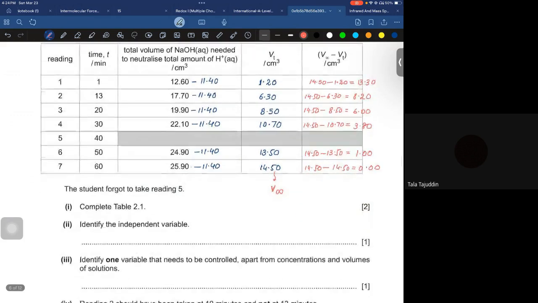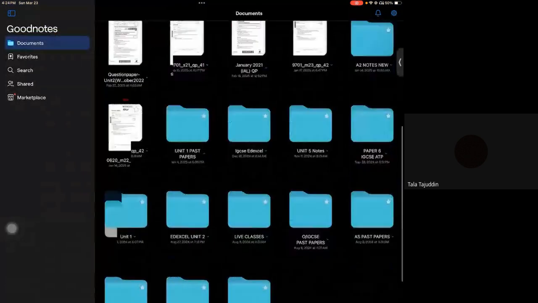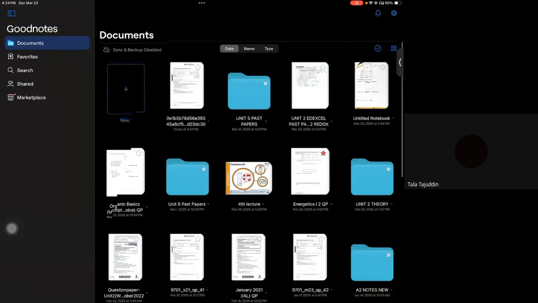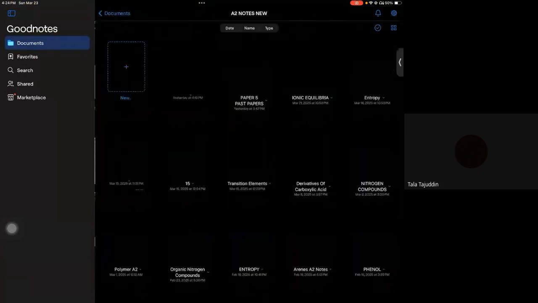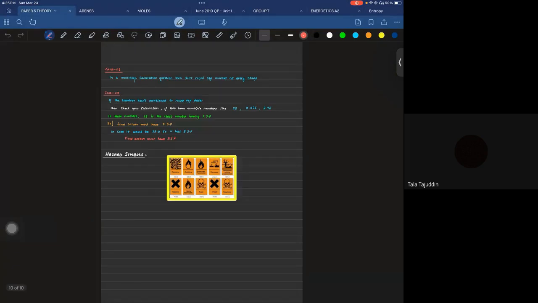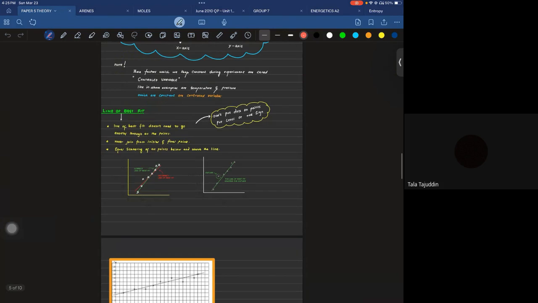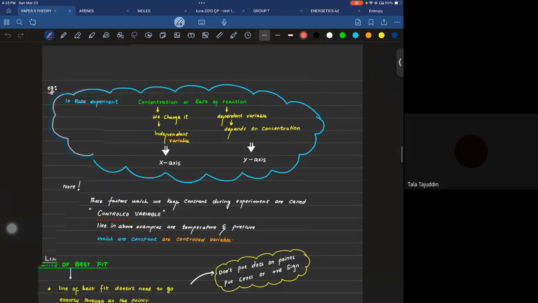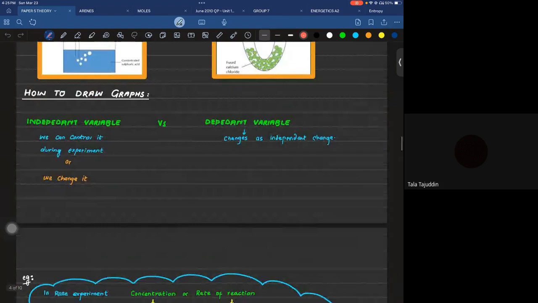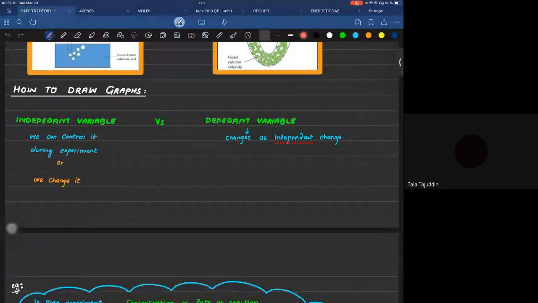Identify the independent variable. I told you, okay, independent variable means, if you remember, when we were doing different graphs, I told you that the independent variable we can control during the experiment or we can change.